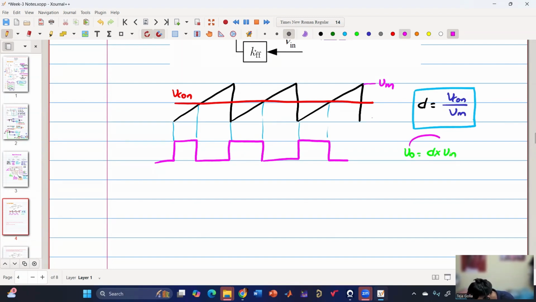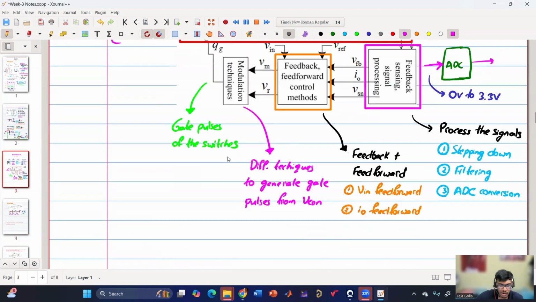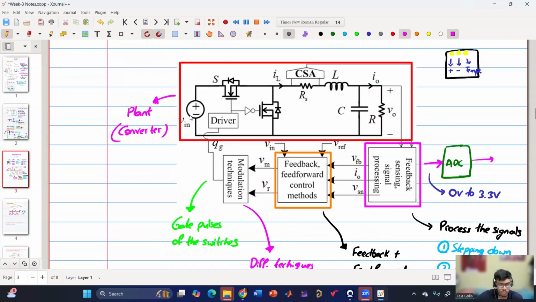But there is a dependency of V0 on Vin. Say I don't want any dependency of V0 on Vin, because the input is changing. In the converter, the input is not in our hands, right? The input can slightly fluctuate, but the output has to be regulated.